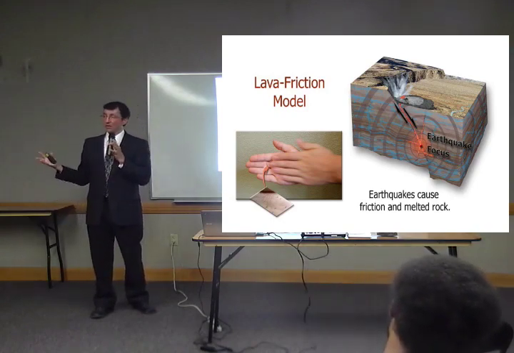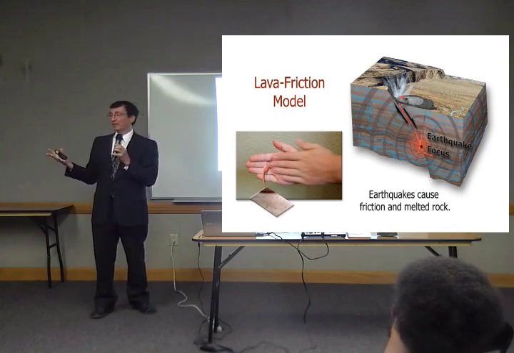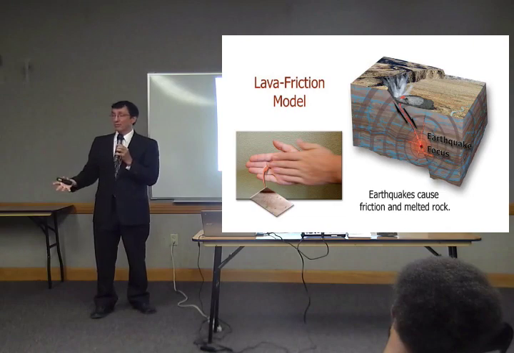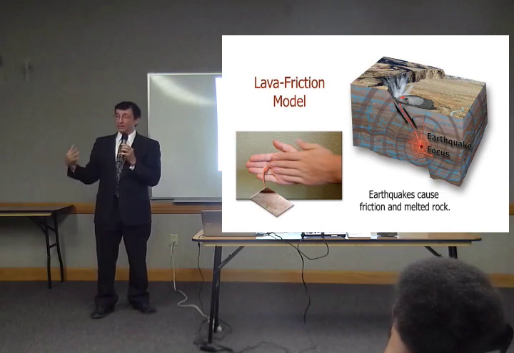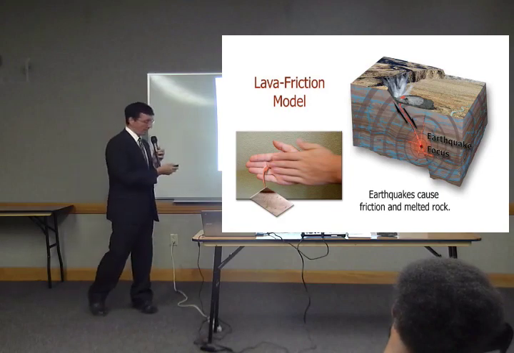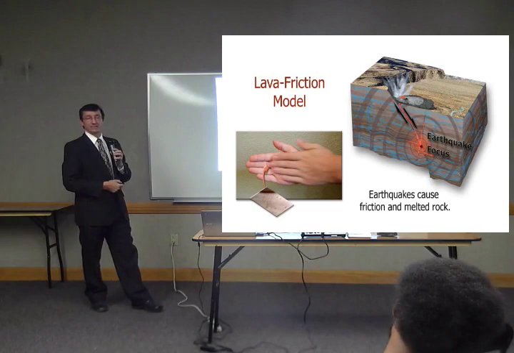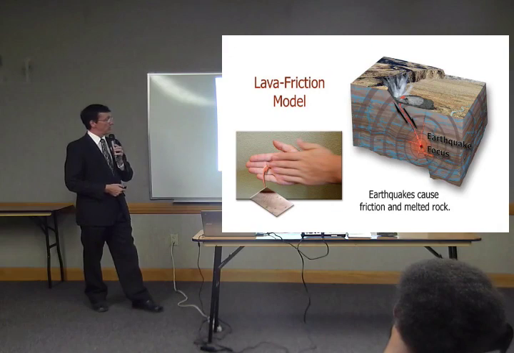So they were arguing about which one's right, which one's wrong. Basically, the Neptunist, who thought there's water inside the Earth, couldn't come up with a good reason or a mechanism for where lava would come from. But this, we think, is a sound, logical mechanism for where lava comes from.